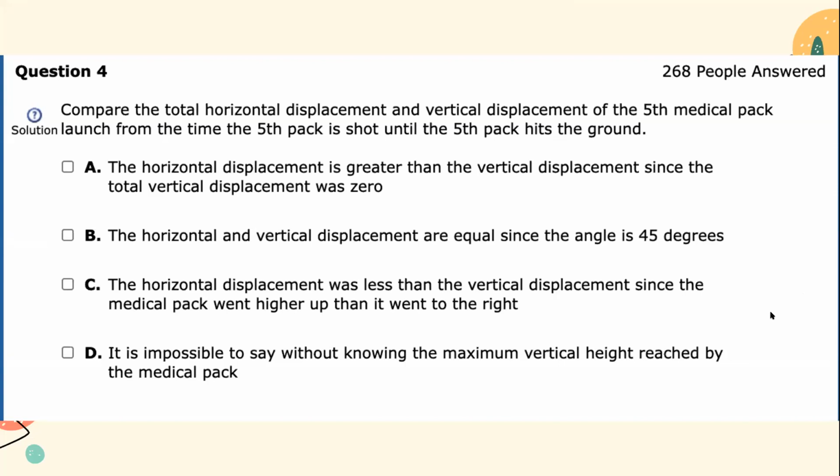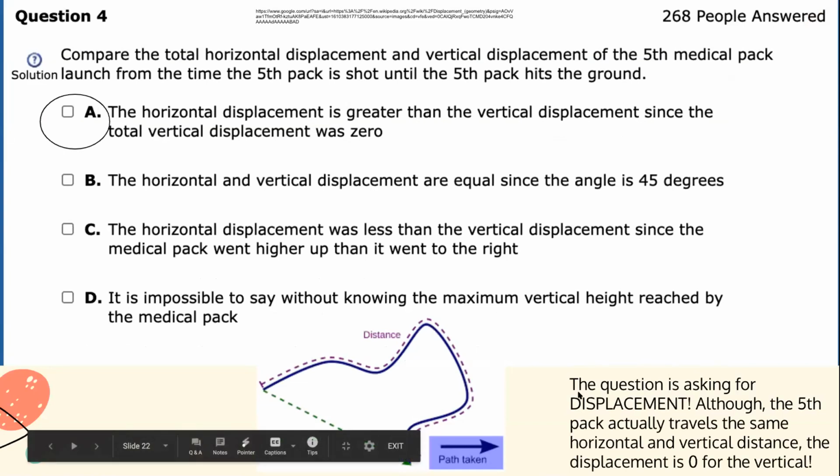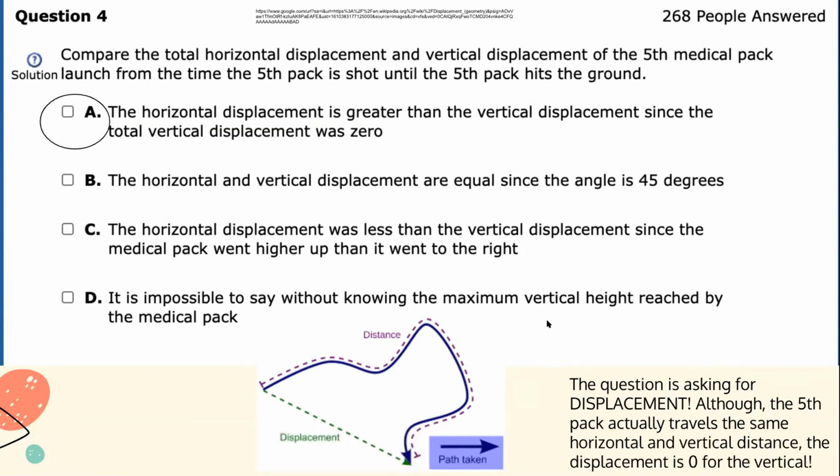Okay, yeah, so this is kind of tricky, but the answer is A. Actually, the formula would give you the same number because for the 5th medical pack, I believe the angle and the distance were the same.